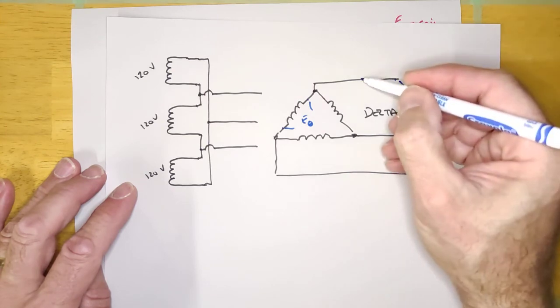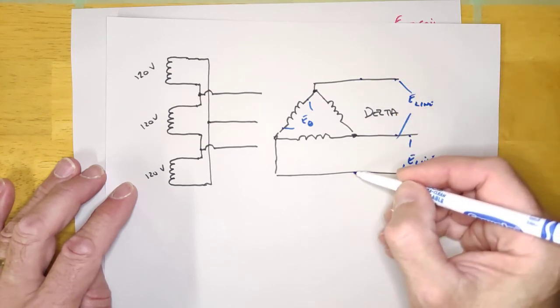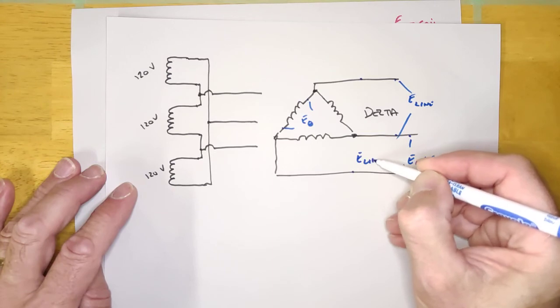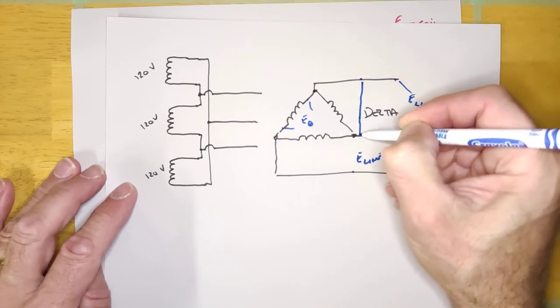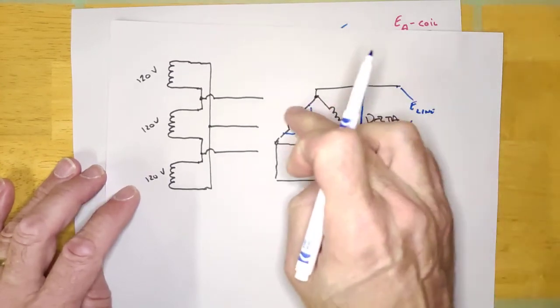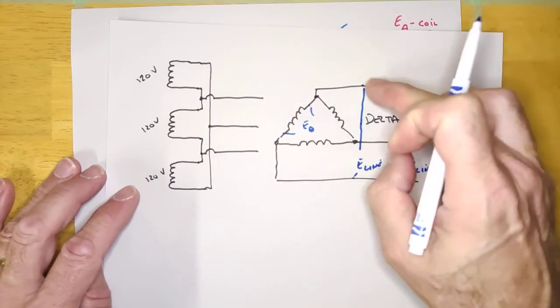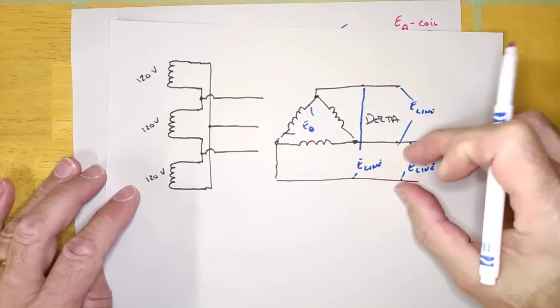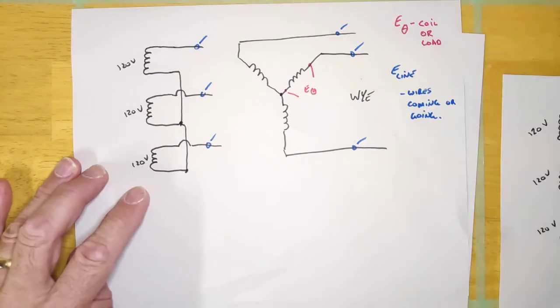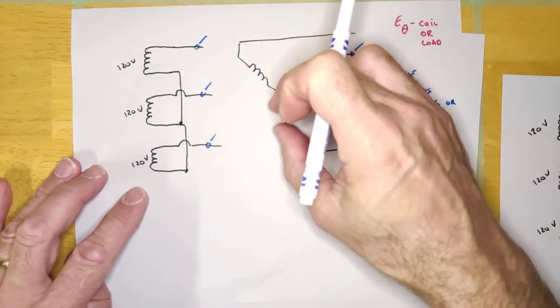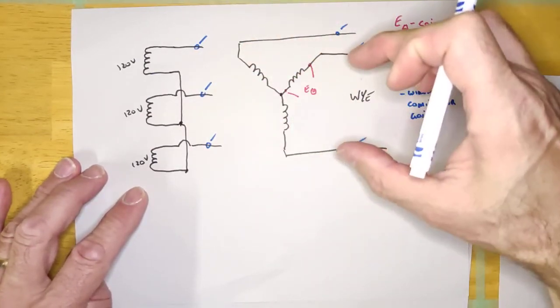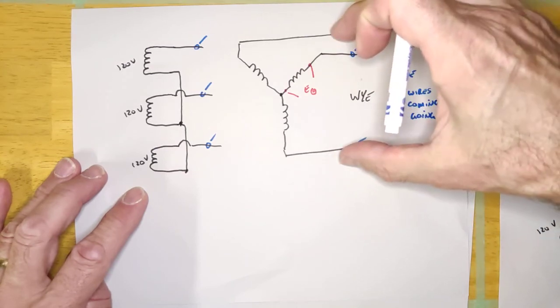And I could also measure the line voltage from here to here. That would also be line voltage. So in every three-phase system, there are 3 places to measure phase voltage and 3 places to measure line voltage. Same with this one, phase, phase, phase, line, line, and line.